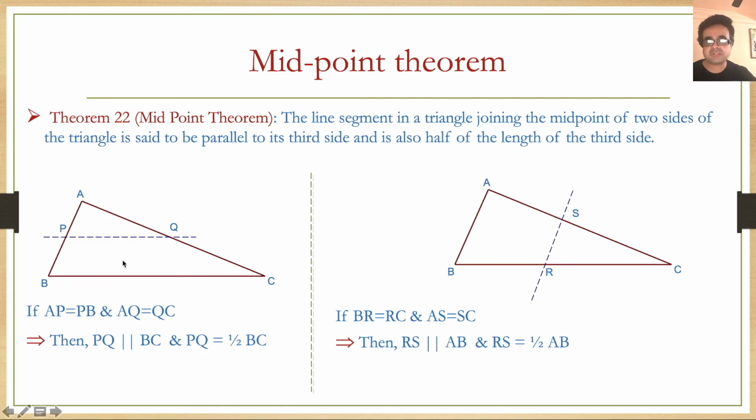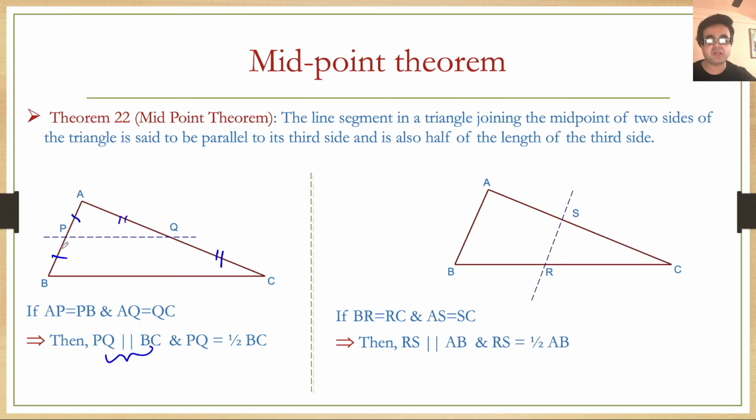So what that means is, let's assume this line segment PQ bisects line AB and also bisects line AC, which means AP equals PB and also AQ equals QC. The theorem says that when this happens, PQ will be parallel to BC, and also PQ will be half of BC.